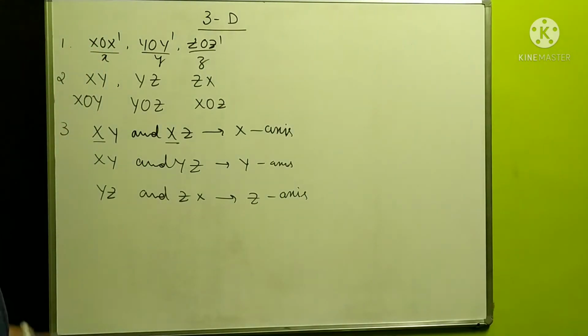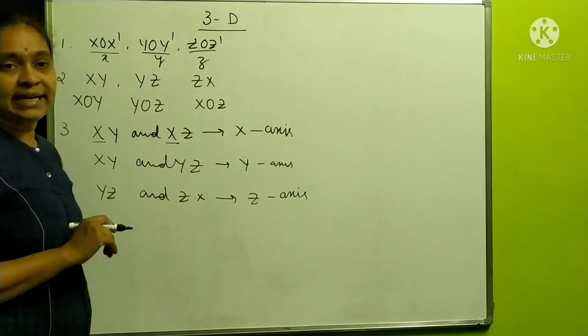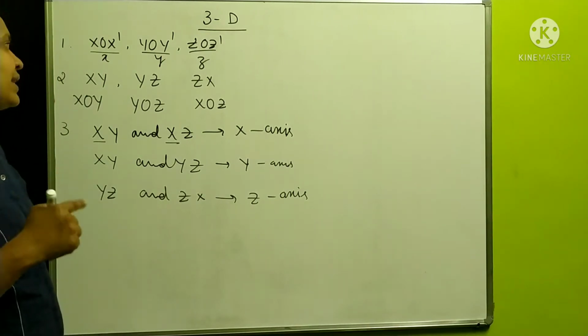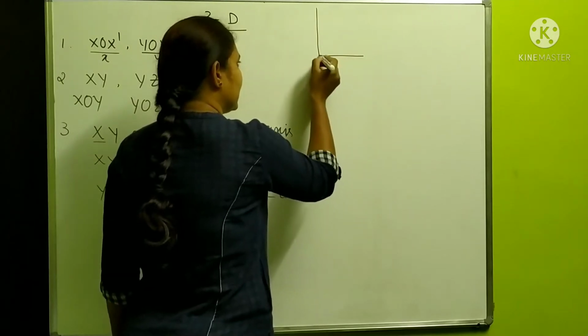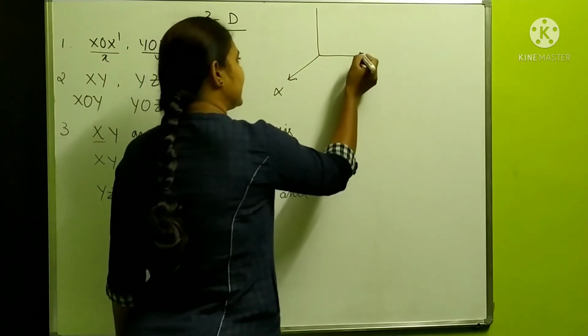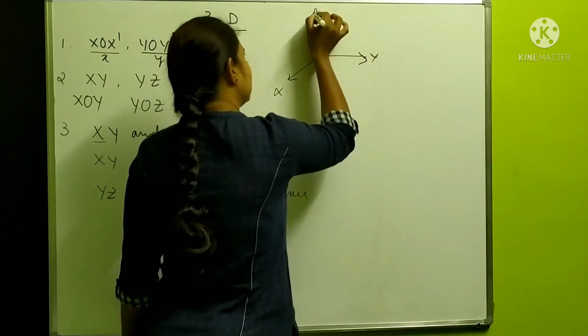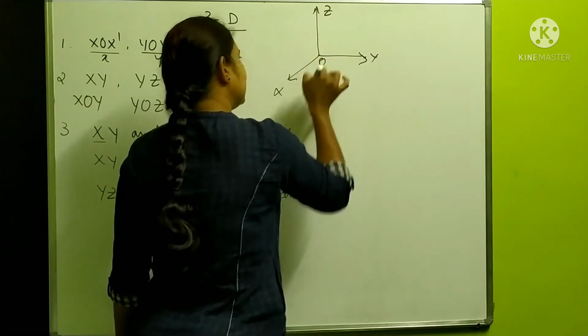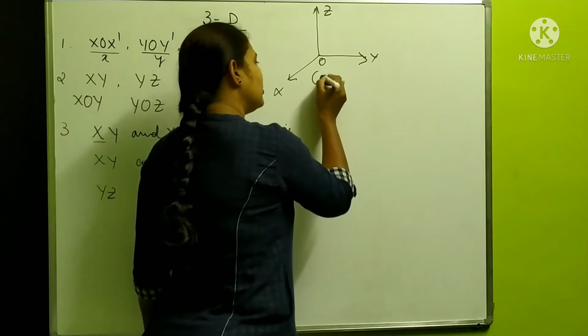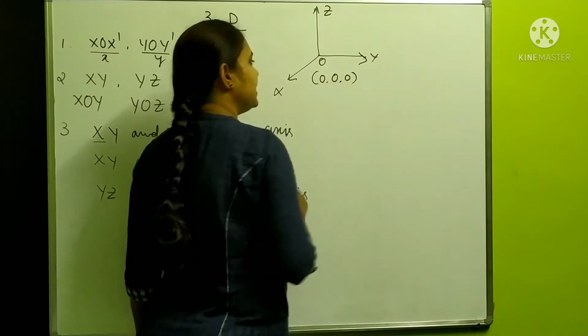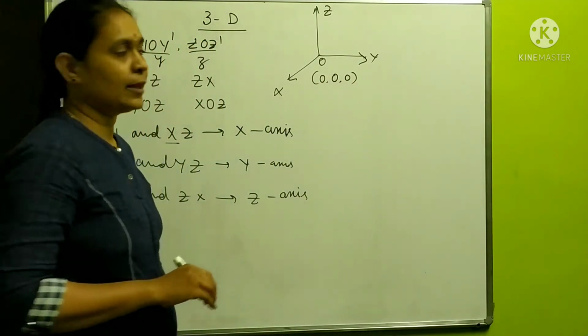Where all the three, X-axis, Y-axis, Z-axis, intersect each other, that gives you the origin. Look here, if this is the X-axis, Y-axis and Z-axis, this is the origin. So, the coordinates of origin are 0, 0, 0. That you know already.